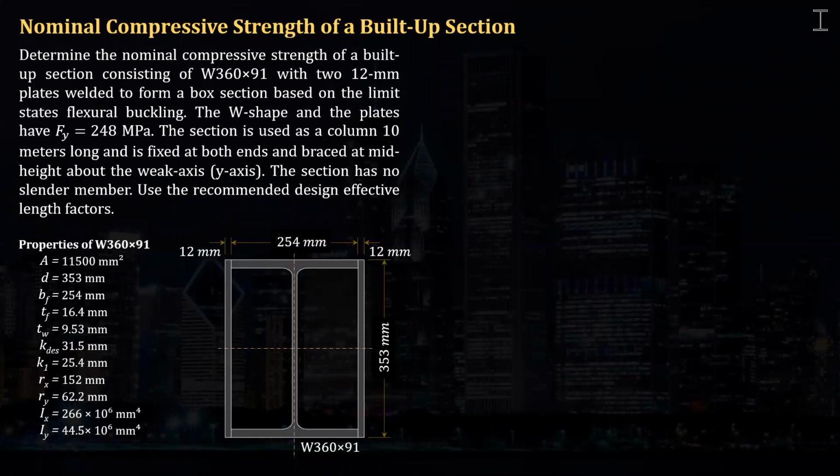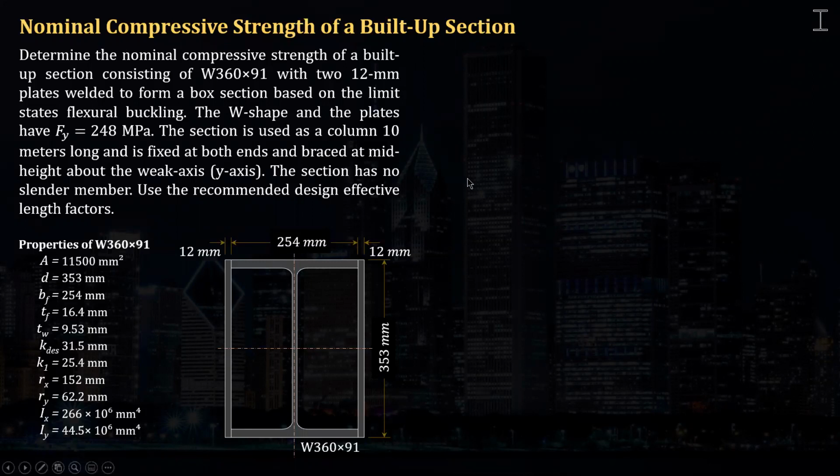So this is the question. Determine the nominal compressive strength of a built-up section consisting of W360 by 91 with two 12mm plates welded to form a box section, based on the limit state of flexural buckling.